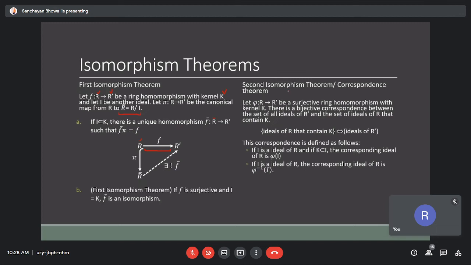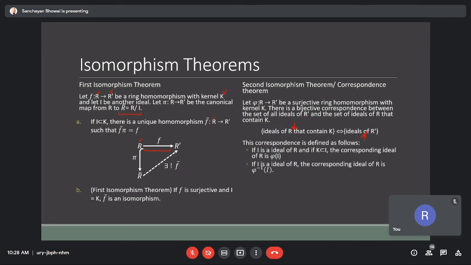Now we have the second isomorphism theorem, or the correspondence theorem, that says that if I take all the ideals containing K, where K is the kernel, then there is a bijective correspondence from this set to the ideals of R dash. This means that if I get an ideal which contains K, then I'll get the corresponding ideal of R dash.